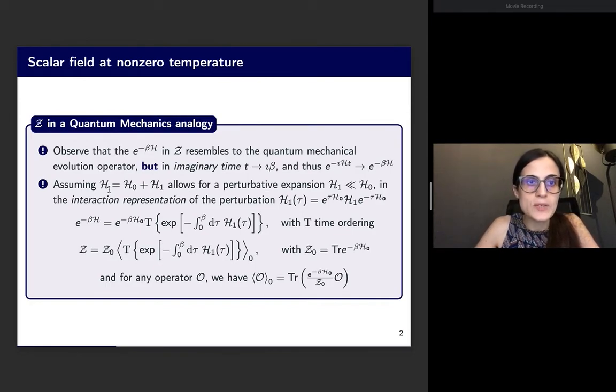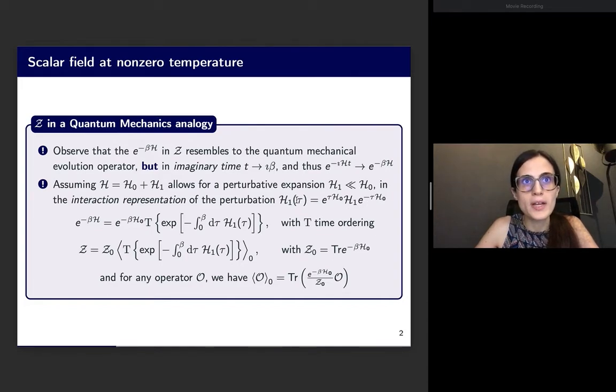In quantum mechanics, we also learn how to tackle time-dependent problems by splitting the Hamiltonian of the system into a time-dependent and a time-independent part. And if at that point there are circumstances that ensure us that we can treat the time-dependent part as a perturbation, so that it is negligible with respect to the time-independent part, then we move to the interaction representation, where we can write this perturbation in this form.